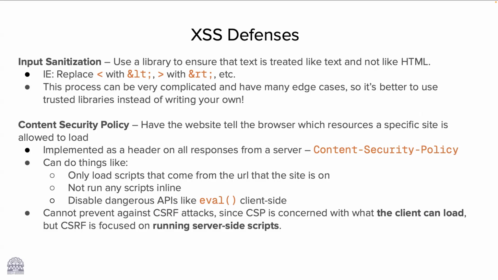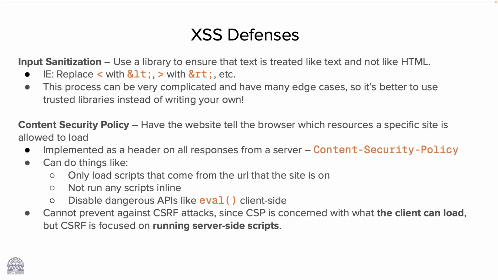Disable some dangerous API calls. Basically, this is sandboxing your execution and saying you can only trust sources from certain places. For instance, your content security policy could say only execute JavaScript that comes from /script.sh, some sort of endpoint.